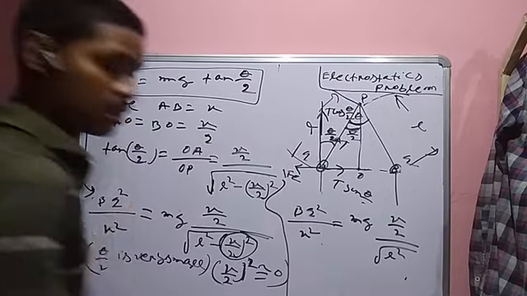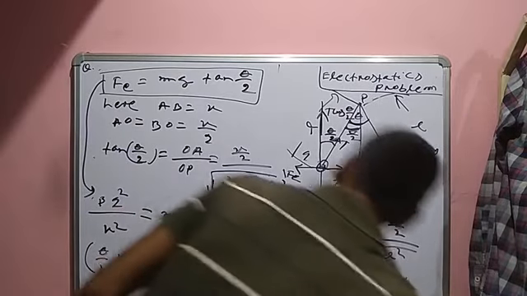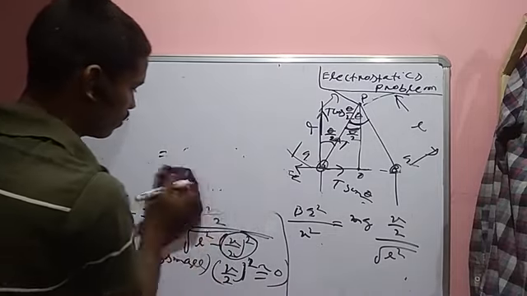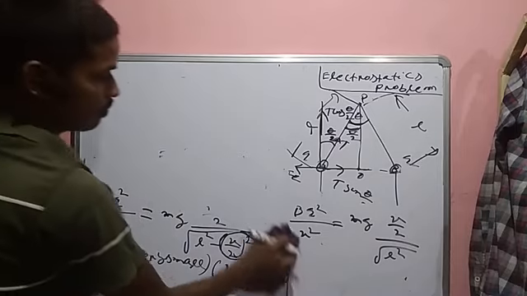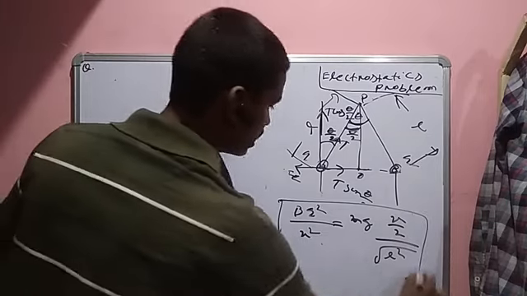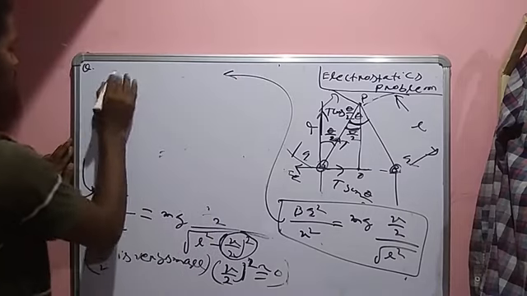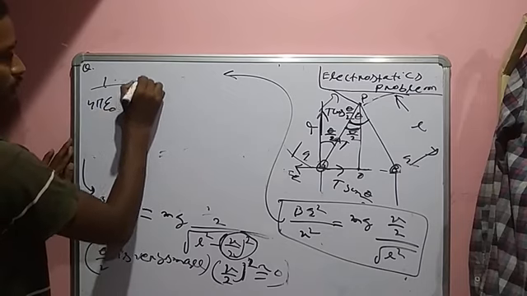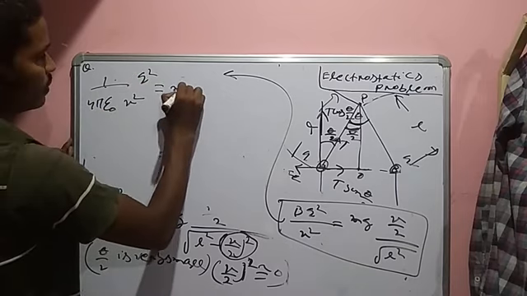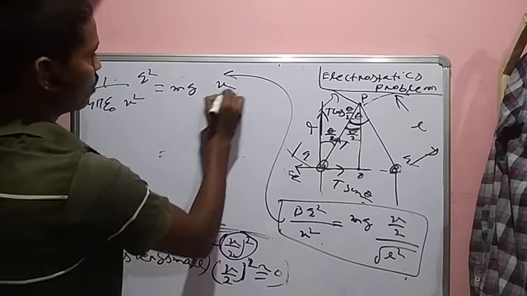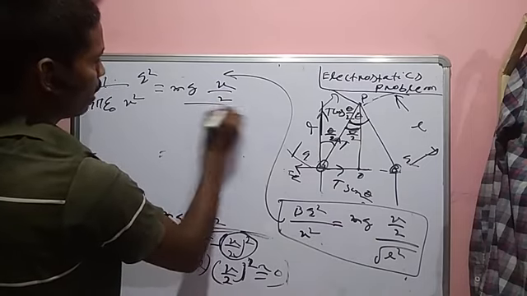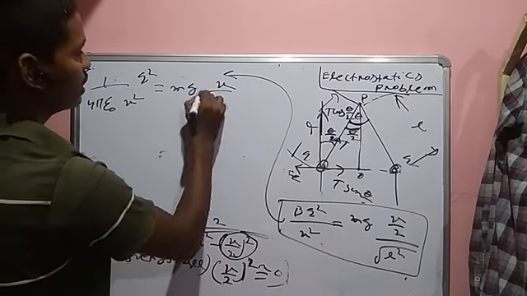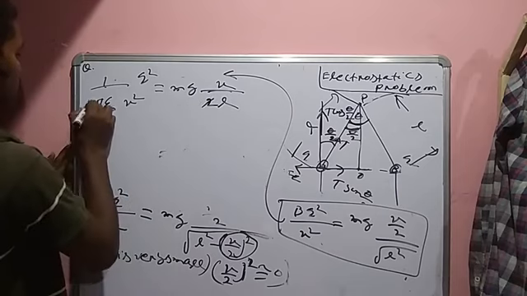So we can write this expression, the beta value 1 by 4 pi epsilon 0, x square q square is equal to mg x by 2 by L. So root over L square is L. So we can write x by 2L. So 2 cancel each other.